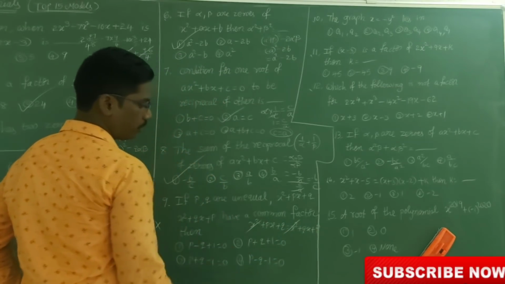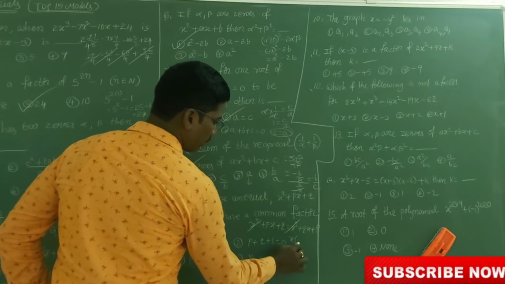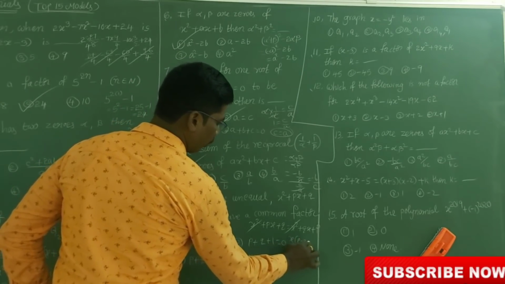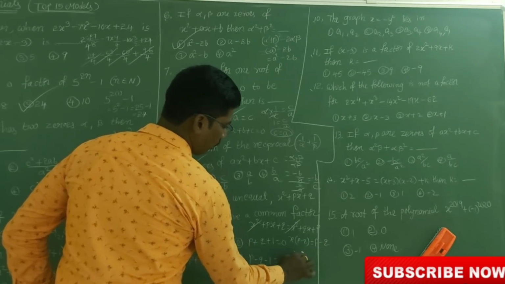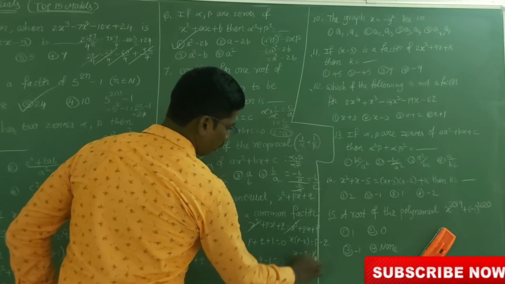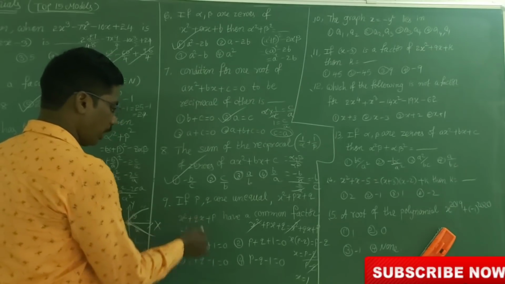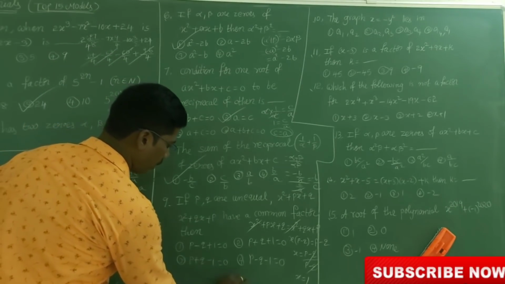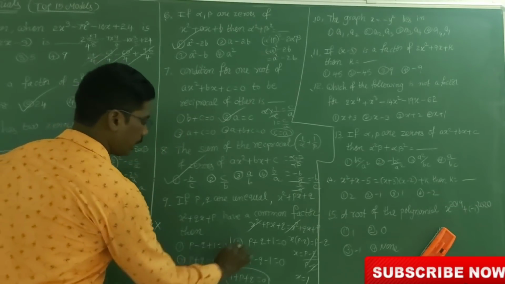So x square cancels. So subtract this one. If you take out common x, then p minus q is equal to p minus q. So x is equal to p minus q by p minus q. So p minus q cancels, x is equal to 1. So x is equal to 1, substitute here, then 1 plus p plus q is equal to 0. So that is the second option.